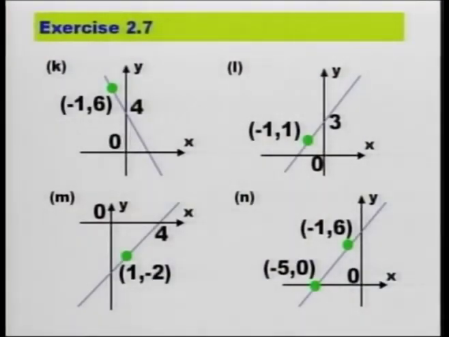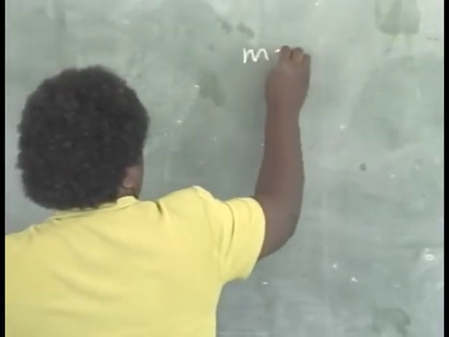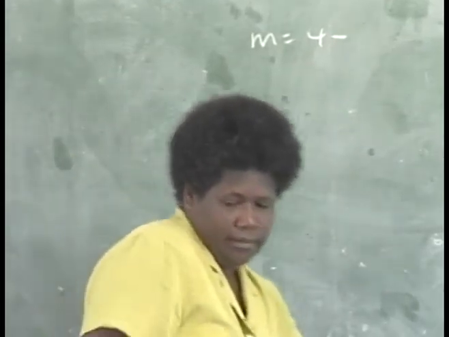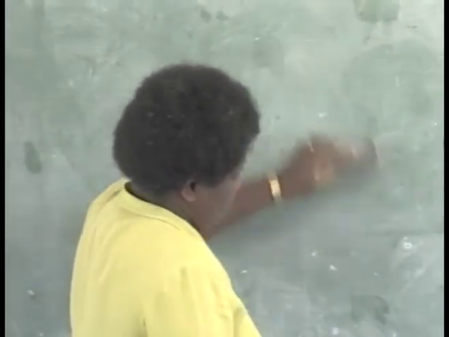Should be 6x. Okay, if I use m equals 4 minus negative, sorry, I'm wrong. I see my mistake. 2 on 3 is the gradient. So 2 on 3x minus 8. Yes, it's correct.